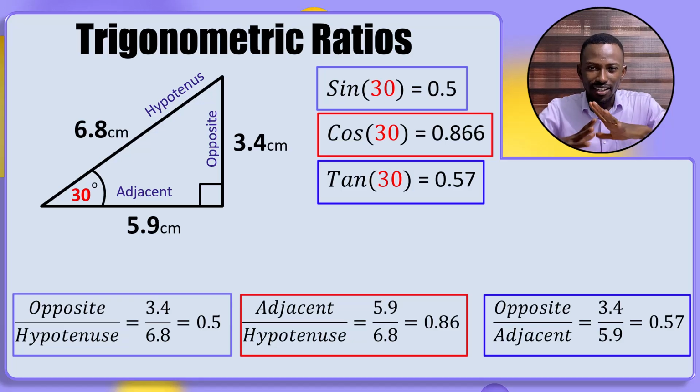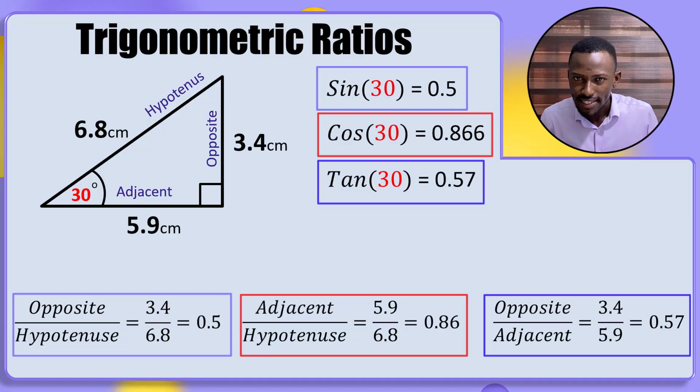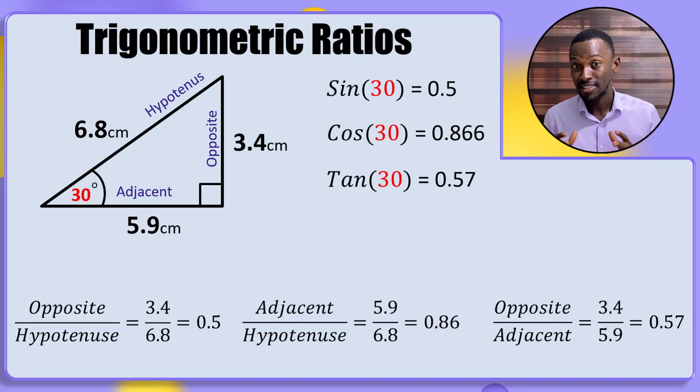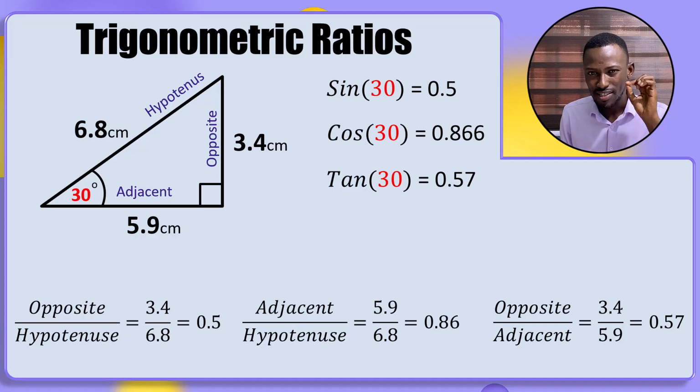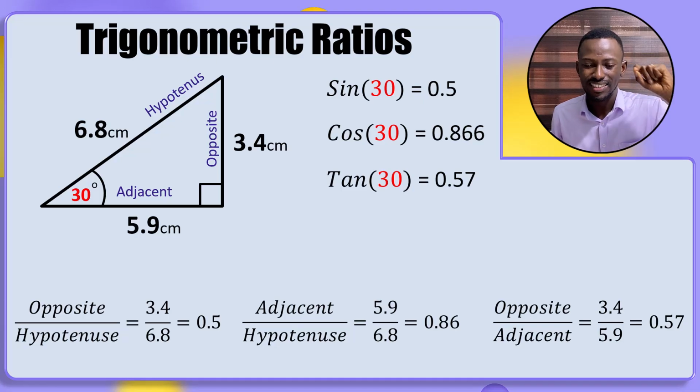They made the triangle bigger, but they kept the angle the same. When they did that, they realized that the answers they were getting were still related. So what they came up with is this. That means if you pick sine theta, it gives you the same answer as the opposite of the triangle divided by the hypotenuse. Do you get that?